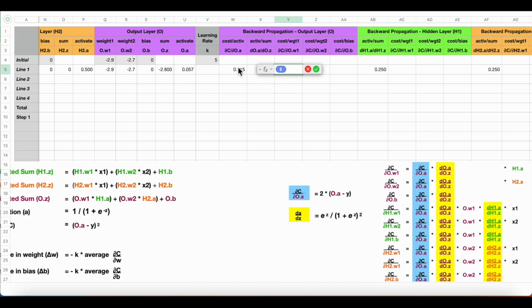So in this case, that'll be times the derivative of the output activation with respect to Z. Before I put in the rest of the formula, let me copy this part of it.